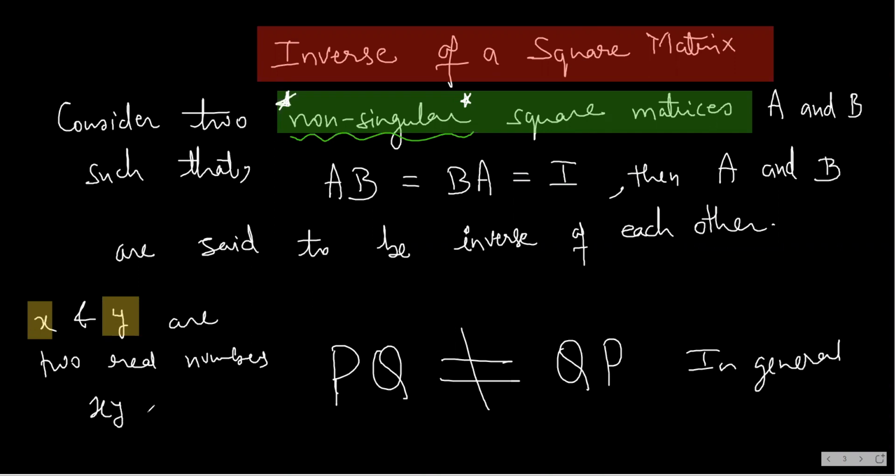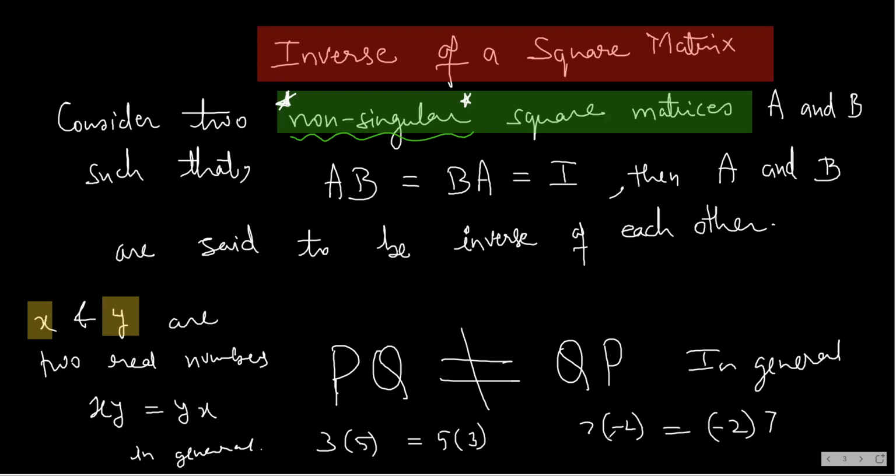If X and Y are two real numbers, then you can write X into Y equals Y into X in general. That is, they'll be equal all the time. If you have two real numbers, then the change in the order of their multiplication will not change the value. 3 into 5, 5 into 3, both are equal. 7 into -2, -2 into 7, both are equal.